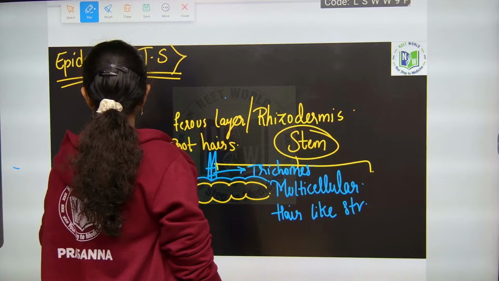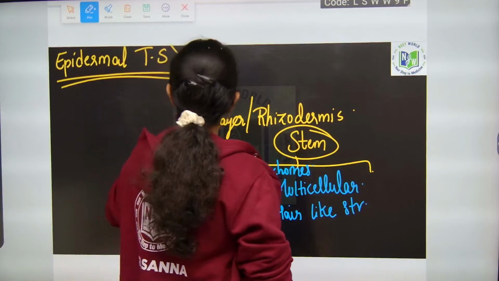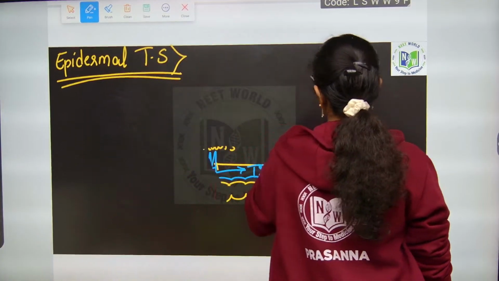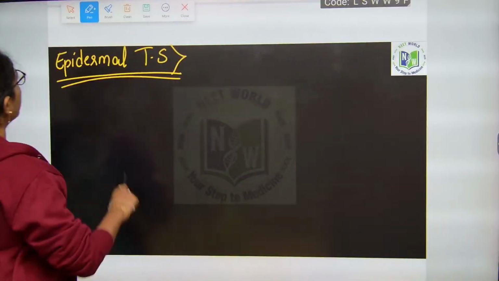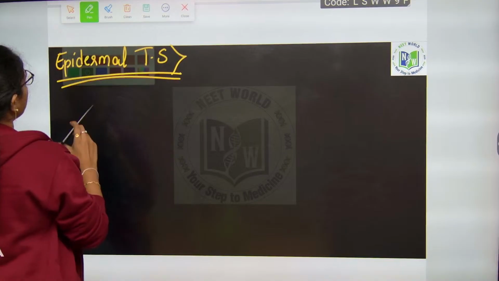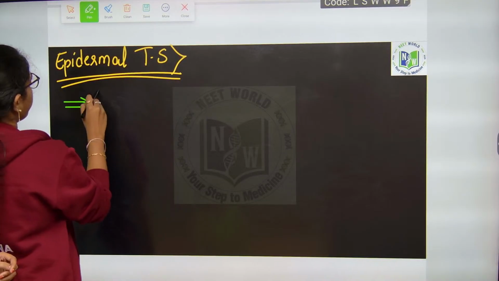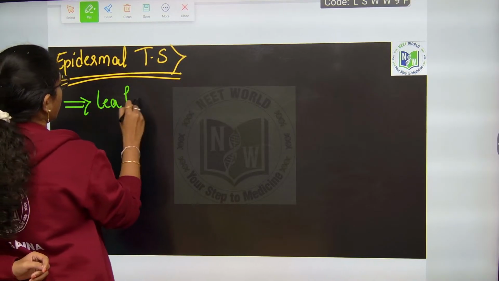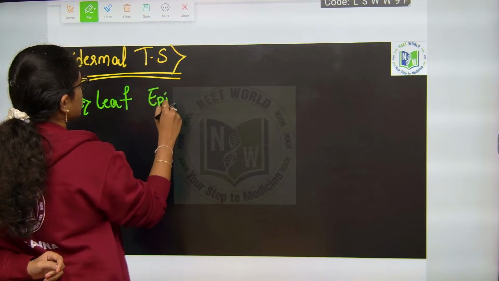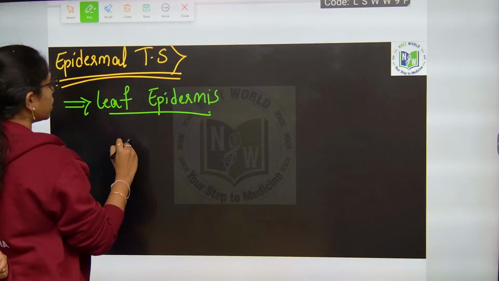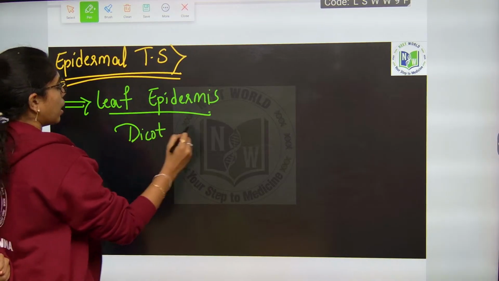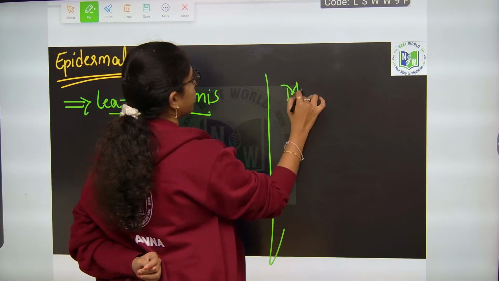Leaf epidermis is little different when compared to the root and stem. We'll look into both dicot leaf and monocot leaf.